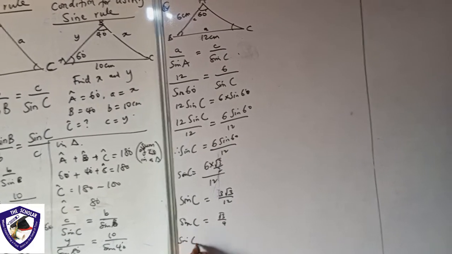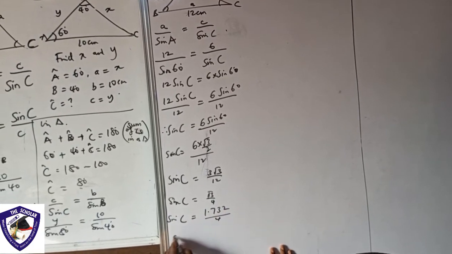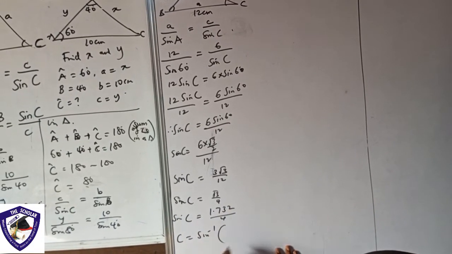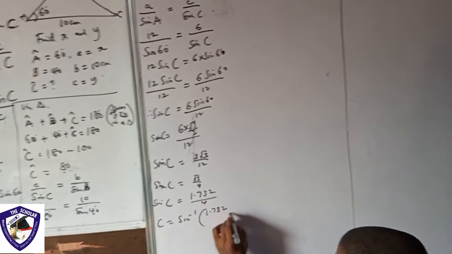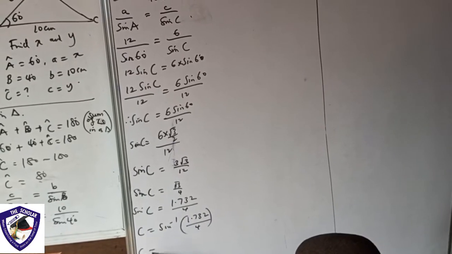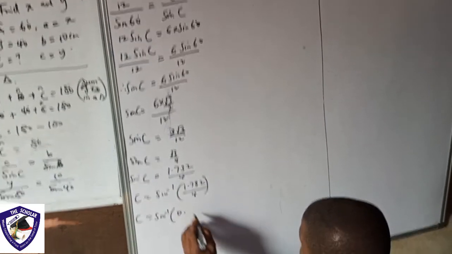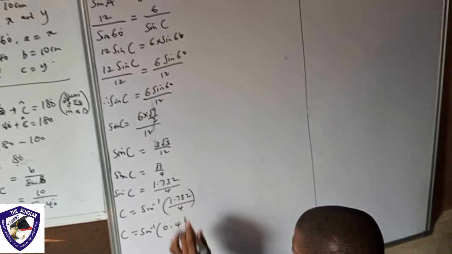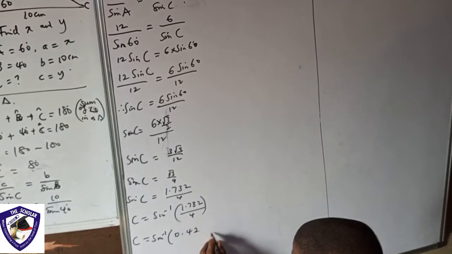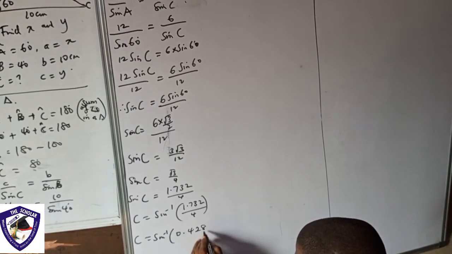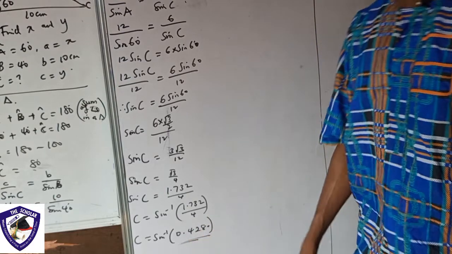And sine C is equal to square root of 3, which is 1.732, over 4. So C is equal to arc sine, that means you press shift, then sine, of 1.732 divided by 4, which is 0.433. And from there you get your C.